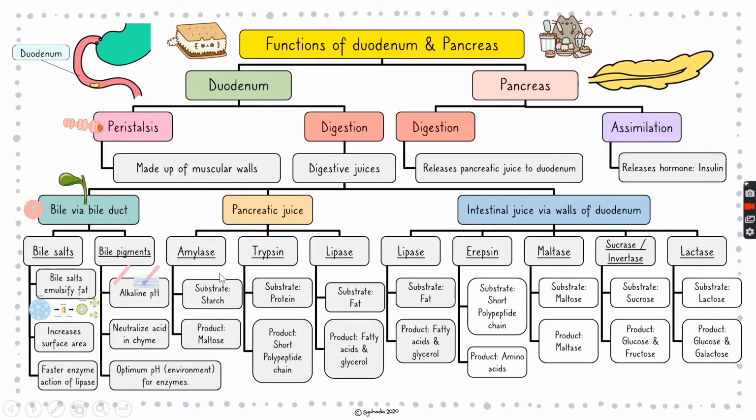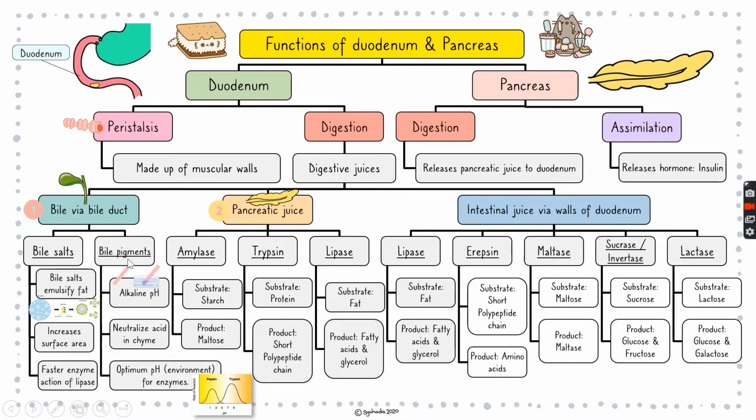Bile pigments are alkaline in nature, so they help to neutralize the acid found in the chyme. And you can see here that the pepsin that works in the stomach has an optimum pH of around 2, whereas trypsin that can be found in pancreatic juice works around pH 8, I think.